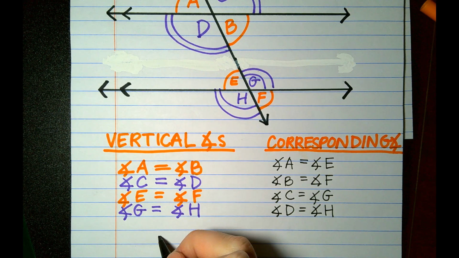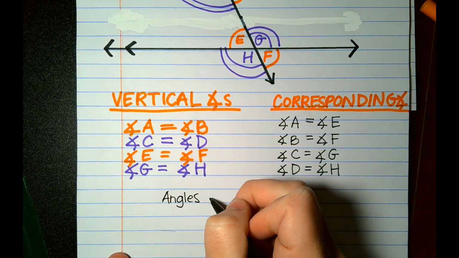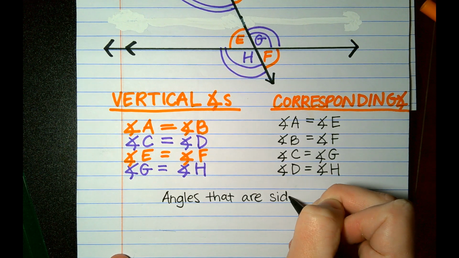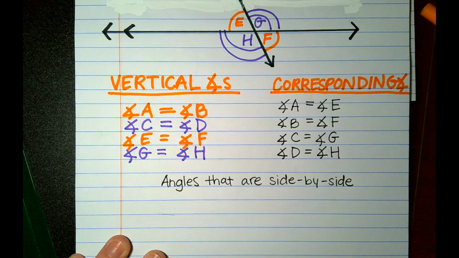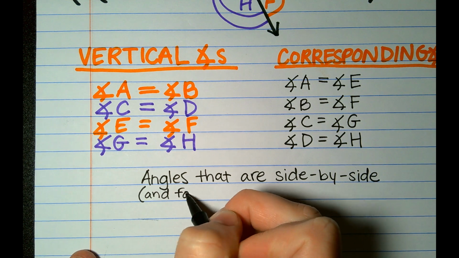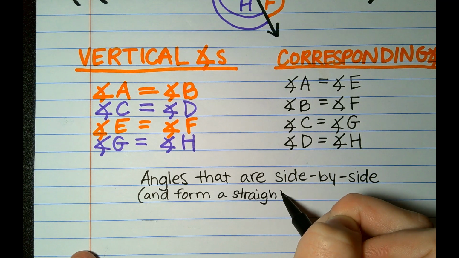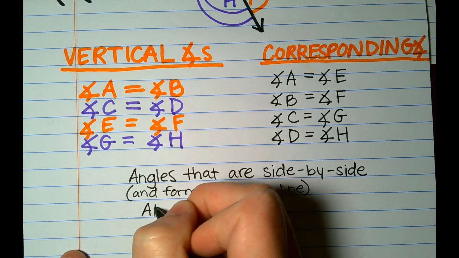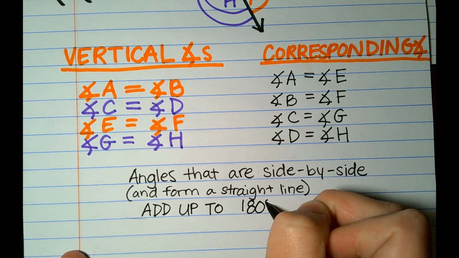Let's see. I'm going to say angles that are side by side and form a straight line add up to 180 degrees.